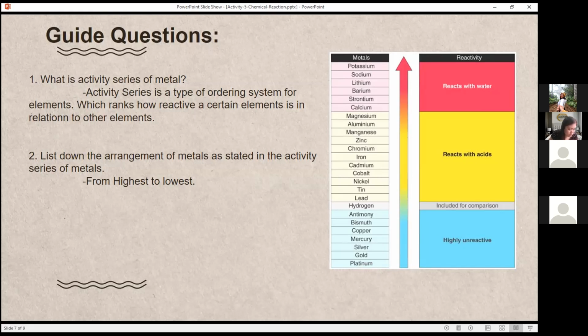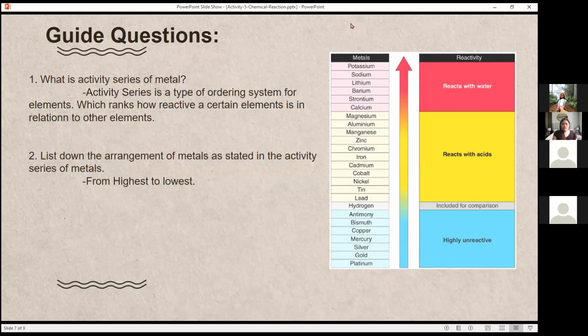So metals like potassium with a higher reactivity have higher tendency to lose electrons and produce positive ions, while platinum does not lose electron easily.